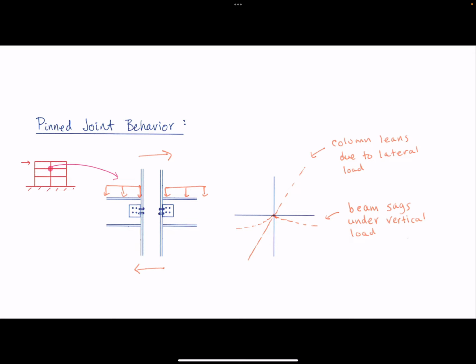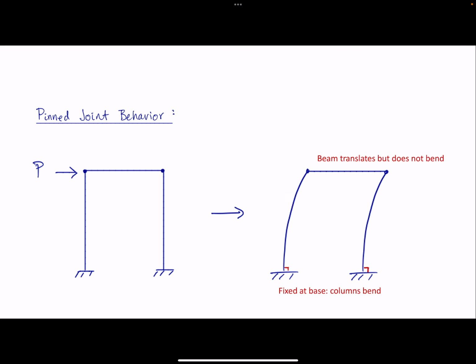So if there's gravity load on those beams, which there usually is, they'll probably sag under the gravity load, and you'll get an exaggerated deflected shape, something like this. And then in that little frame, the columns have to maintain a 90-degree angle at the base, and under lateral load they would bend, but the beam is just along for the ride.